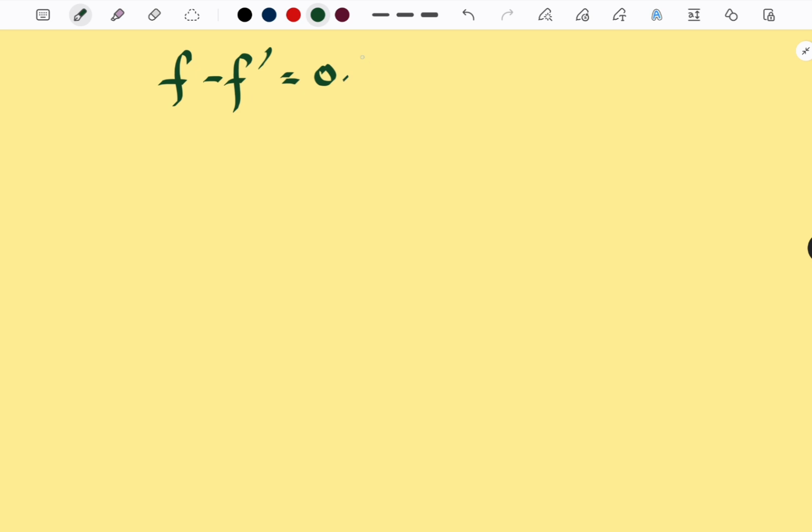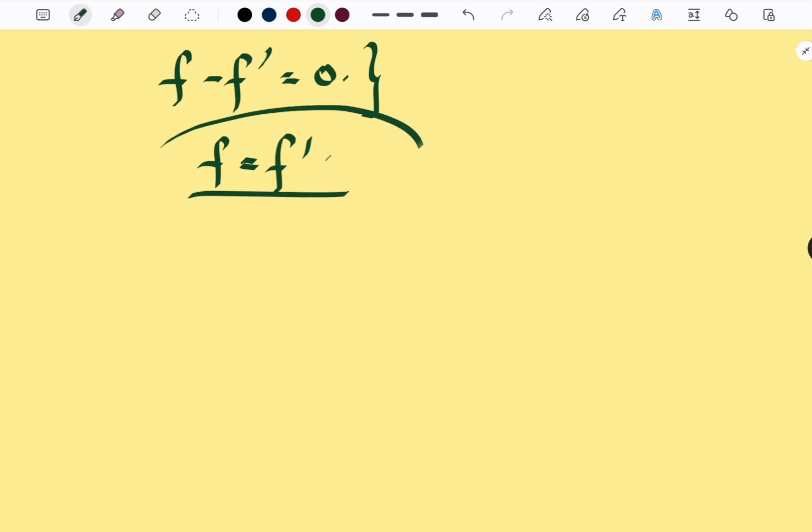Why? Because there is only one integer lying from -1 to 1, and that is 0. So f is equal to f'. We get this condition from here. Please do remember, in every case whenever we subtract, the fractional part f will always be equal to f'. We'll see the cases later on.